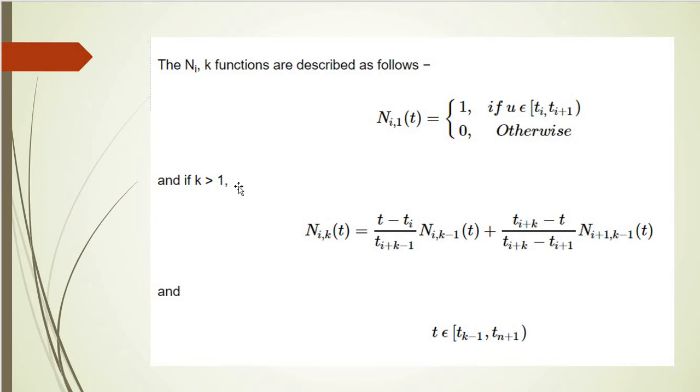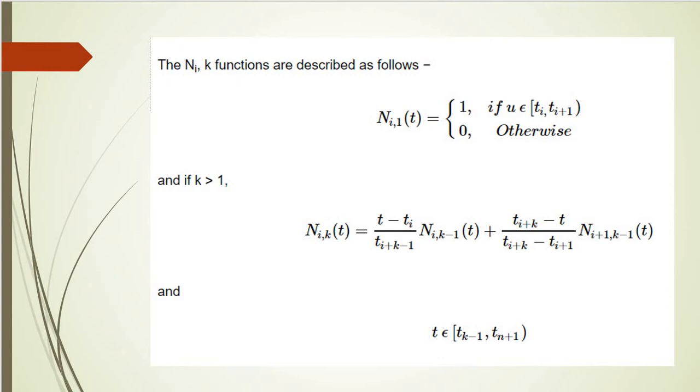And if k is greater than 1, then we are having the formula: Nik of t equals (t minus ti) upon (ti+k-1 minus ti) times Ni,k-1 of t, plus (ti+k minus t) upon (ti+k minus ti+1) times Ni+1,k-1 of t, where t belongs to [t(k-1), t(n+1)].